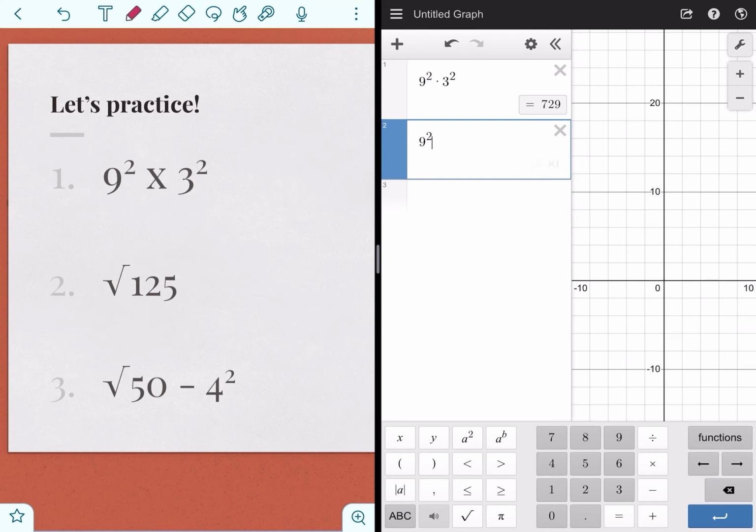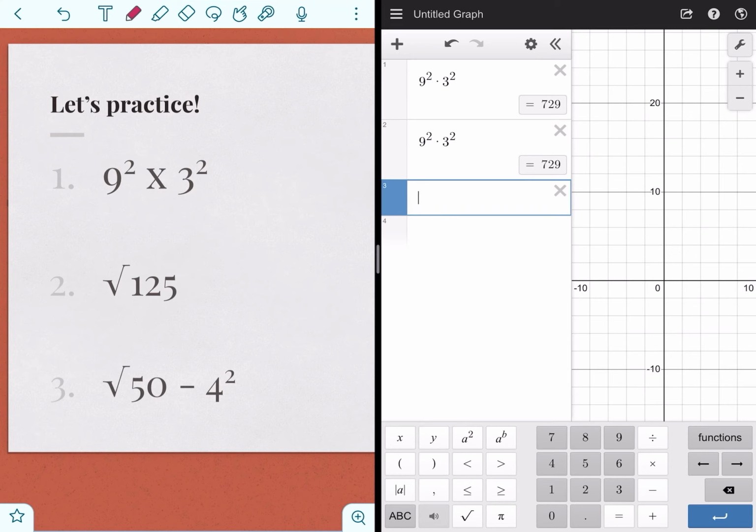In this case it did shift down, so actually you don't have to use the right arrow button. Then you can do 9 squared times 3 squared by using the A to the B button. You can see that it gave us the same answer. So it does not matter if you use A squared or A to the B power. The fastest way would be just using A squared.